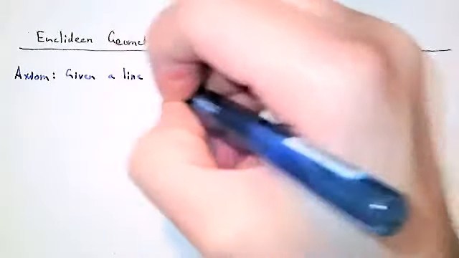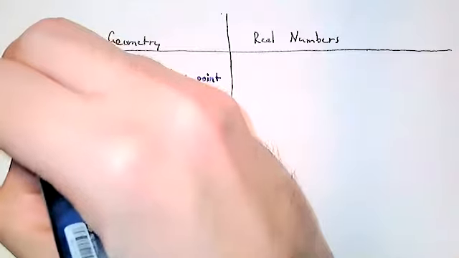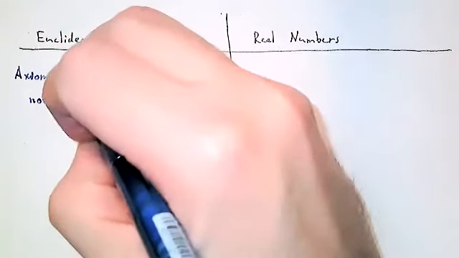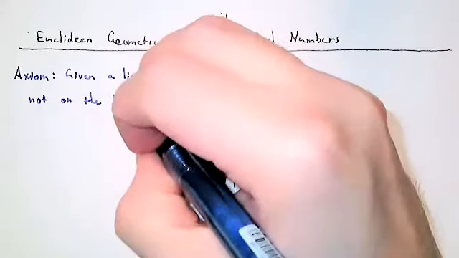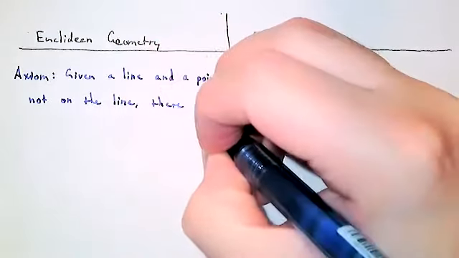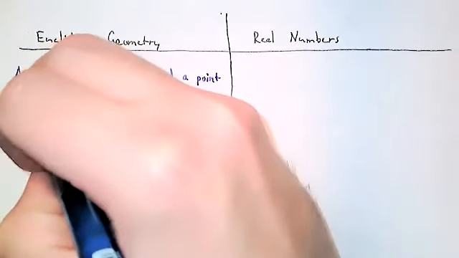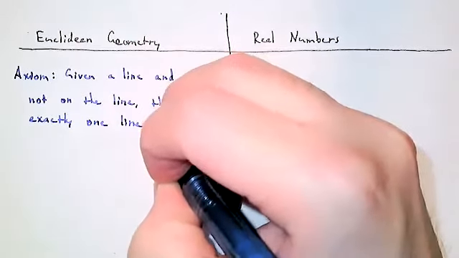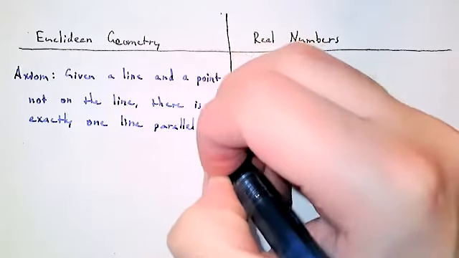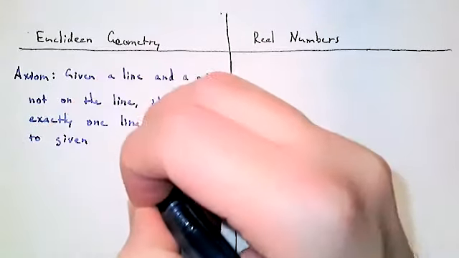It says, given a line and a point not on the line, we're able to find another line, or there is another line that's parallel to the original one, and through the point.